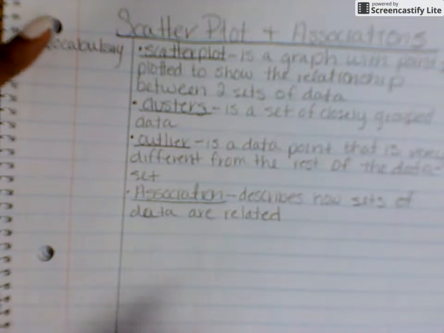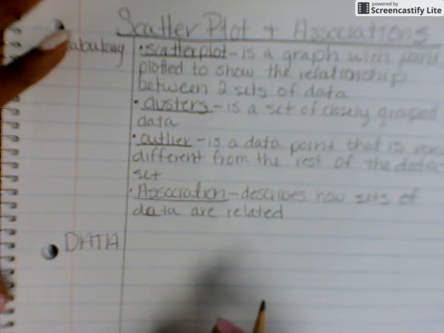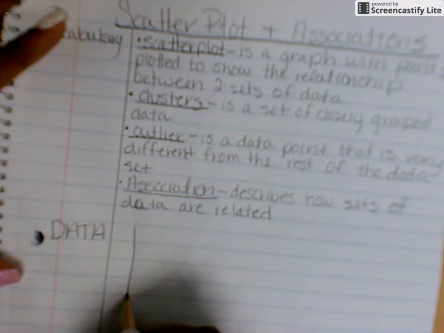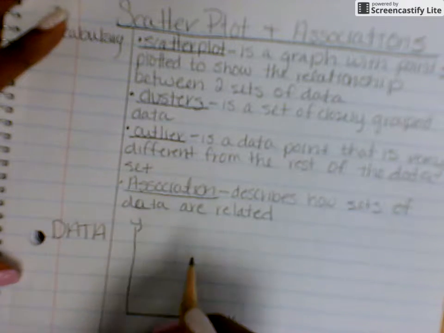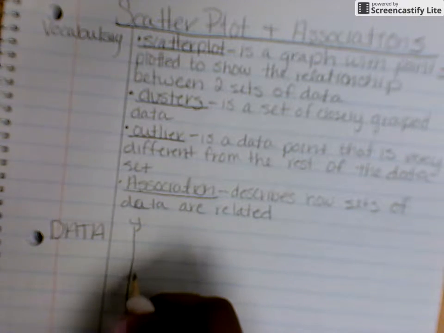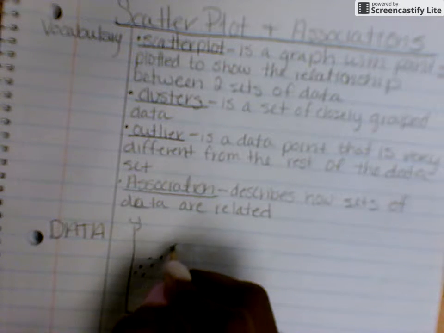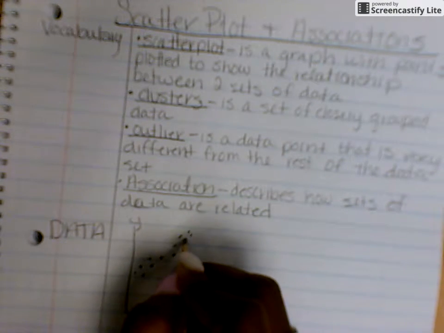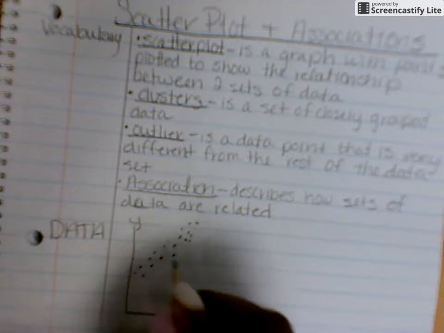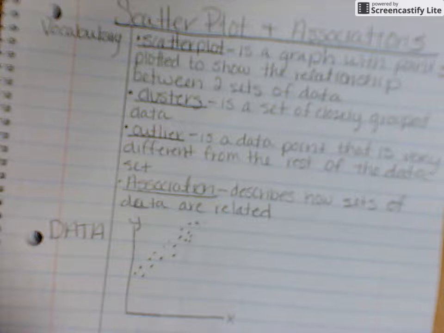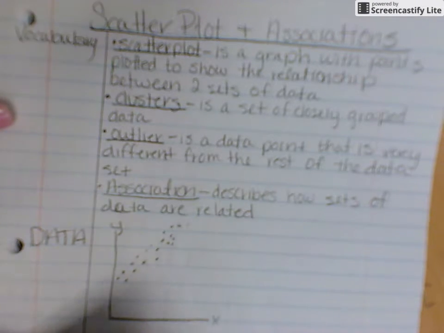So on the left side, data. We're going to draw us a nice little Y and X axis. We're just going to notate things on quadrant 1. So I want you guys to draw points that look something like this. If this was a straight line, what kind of slope would you say this is?